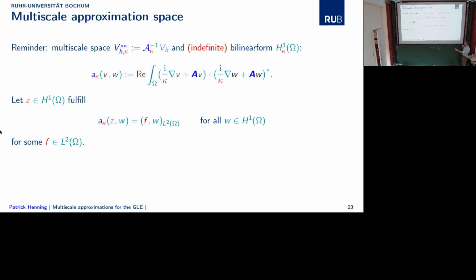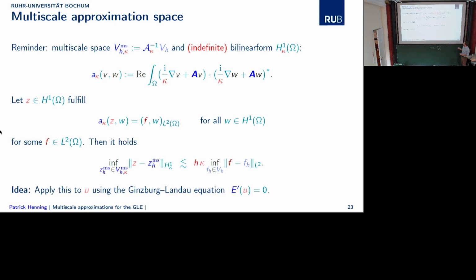And if you follow the classical LOD arguments, then you can actually prove that the error between z and the best approximation in that multiscale space behaves, independent of the regularity of z, like h times kappa times something that might improve the situation depending on the regularity of your right-hand side f.